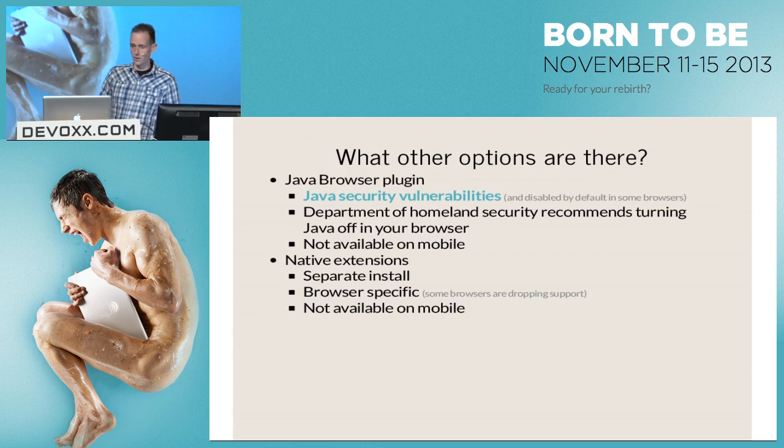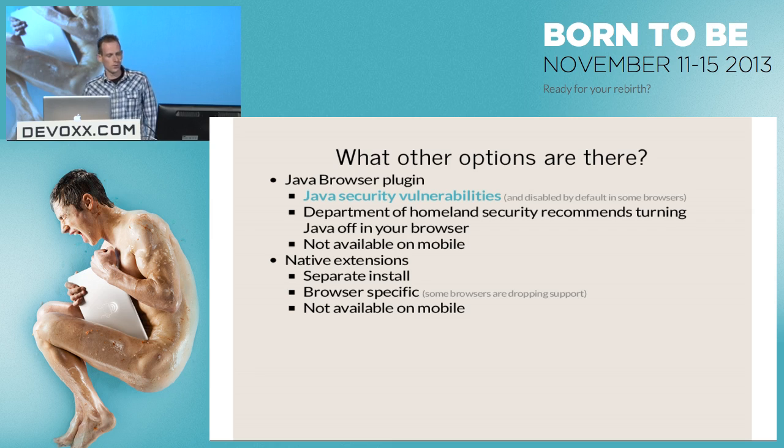We're at a Java conference, so you might think, oh, the solution is just using a Java plugin, an applet, to do the cryptographic operations and call it from JavaScript. But with that, there are a couple of problems. Lately, a lot of security vulnerabilities have been found in Java, sadly. Some browser vendors decided to disable the Java runtime by default, so people have to enable it.